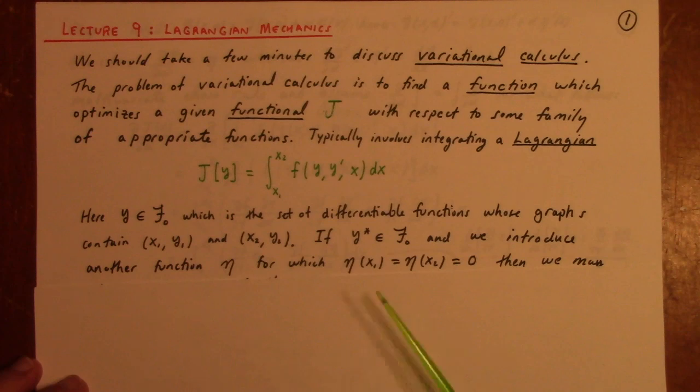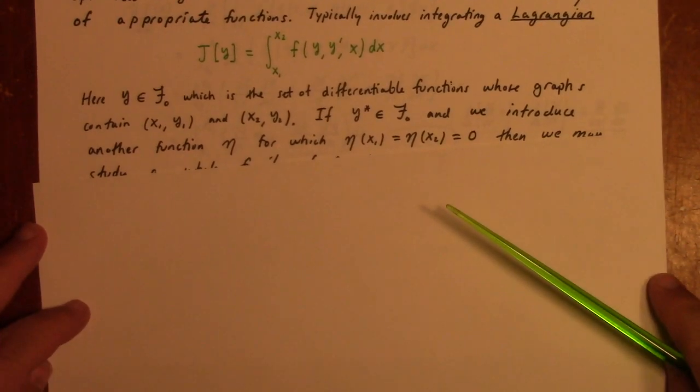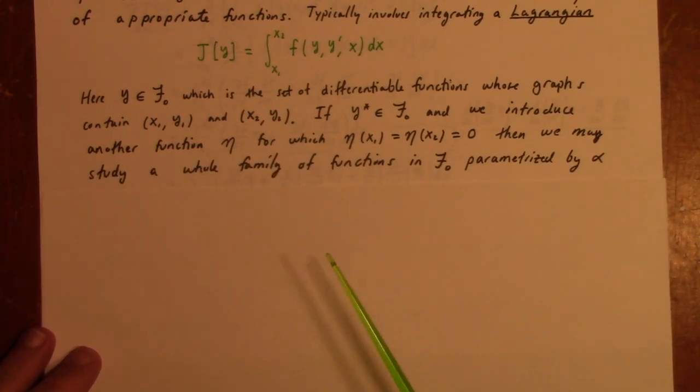Now, if y star is an element of that family, and we introduce another function eta, which vanishes at the endpoints, then we may study a whole family of functions in this family of functions. So a subfamily, I suppose, which again also go through (x1, y1) and (x2, y2), right?